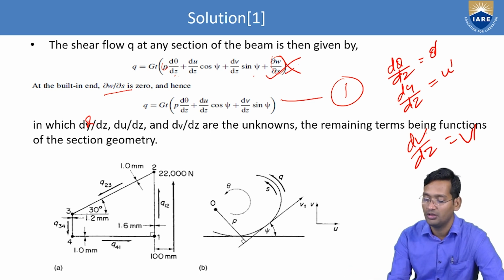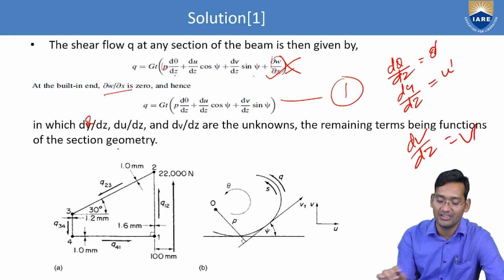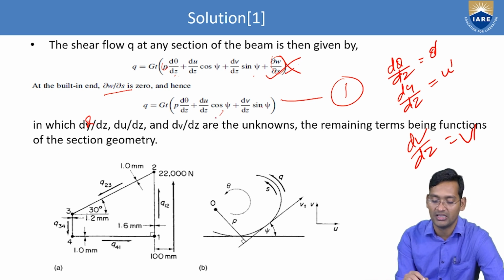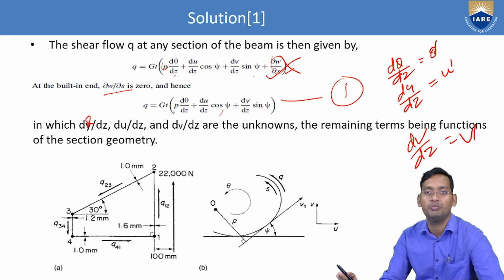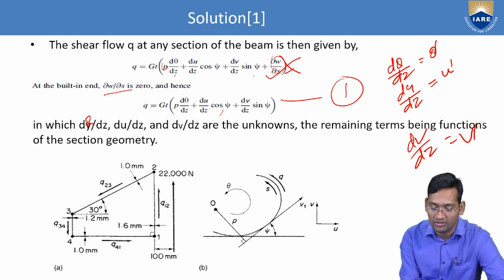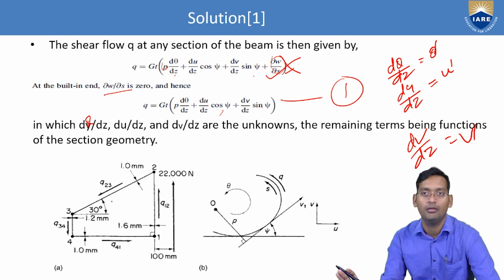The remaining terms are functions of the section geometry. So sin ψ, cos ψ and p depend on the geometry. That is why the value is given here, 30 degrees.